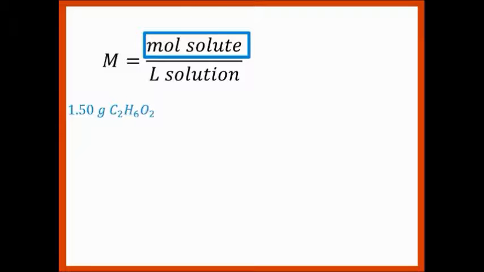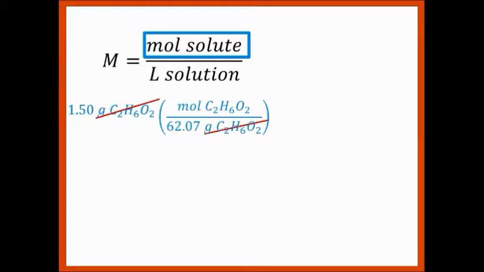Using the chemical formula of the molecule and the molar masses on the periodic table for carbon, hydrogen, and oxygen, it can be determined that the molar mass of ethylene glycol is 62.07 grams per mole. Dividing by this value allows for the units of grams to cancel, providing us with the information that 0.0242 moles of ethylene glycol are in solution.